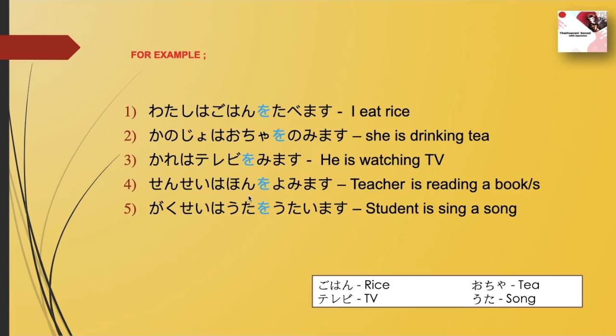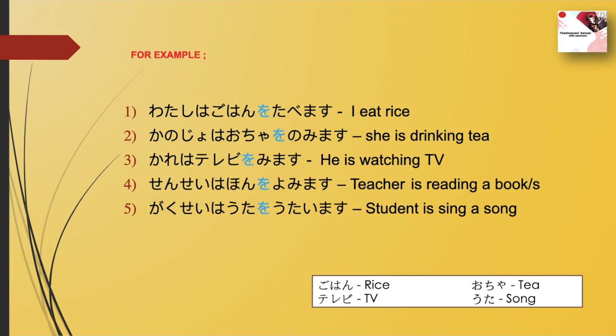Hon is book, right? And we have the wo here, and after that object we have the verb, which is yomimasu, right? Let's say that again. Sensei wa hon wo yomimasu.